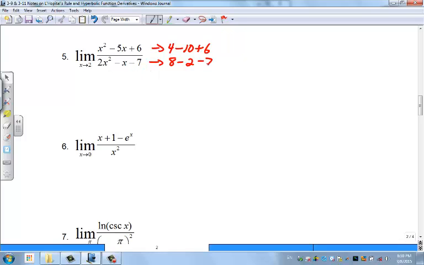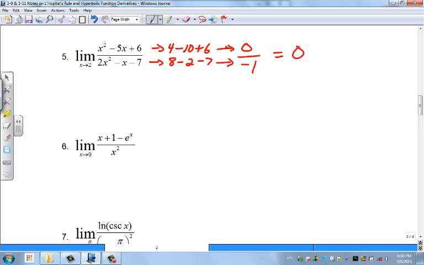Well, check it out. See, now in this one, 2 squared is 4, 5 times 2 is 10, and then you got 6. So the top is approaching 0. Hey, but what's the bottom approaching? Negative 1.